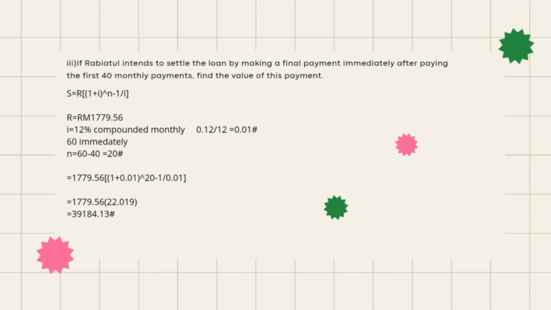N equals 60 minus 40 equals 20. So 1,779.56 times ((1 plus 0.01) to the power of 20 minus 1) divided by 0.01 equals 1,779.56 times 22.019, equals 39,184 ringgit and 30 cents.